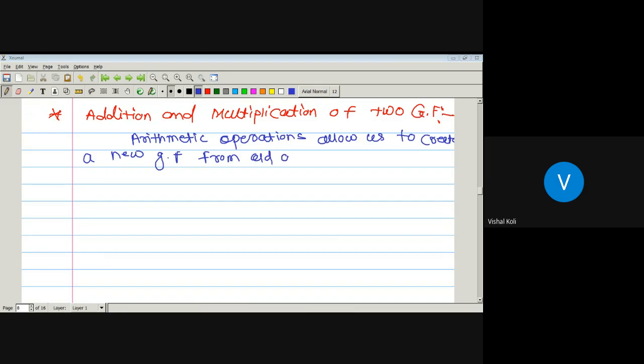Suppose that two generating functions are given.